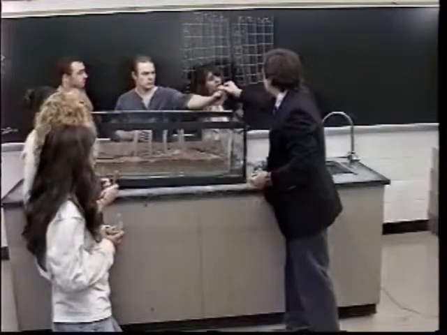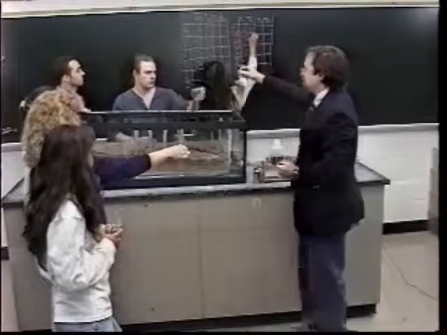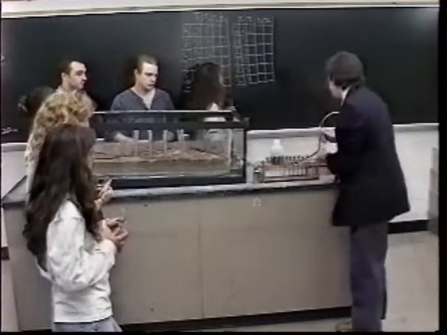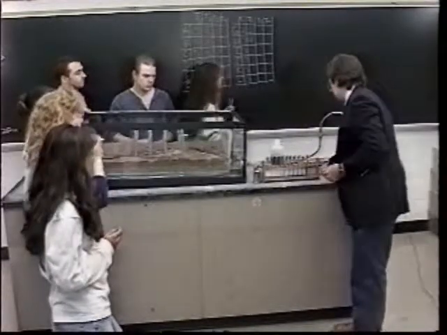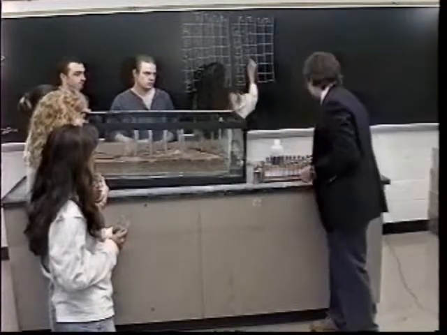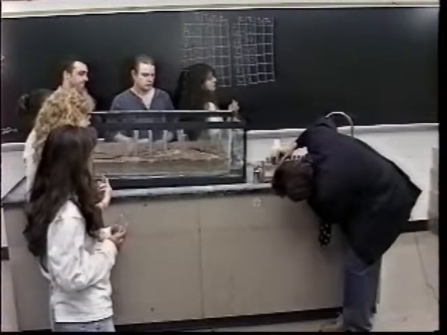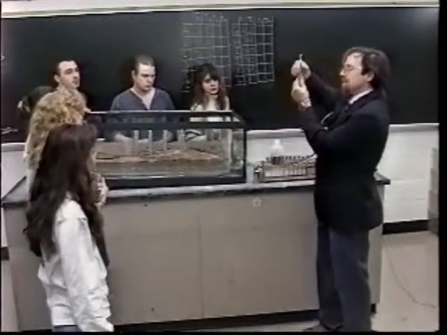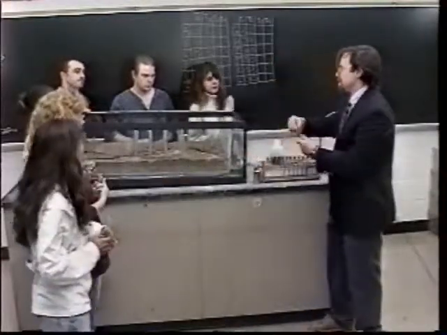G. G is a 2. H. H is a 9. I. I is a 0. J. J is a 0. K. K is a 3. And L. L is a 0. Okay, and that's the second test.